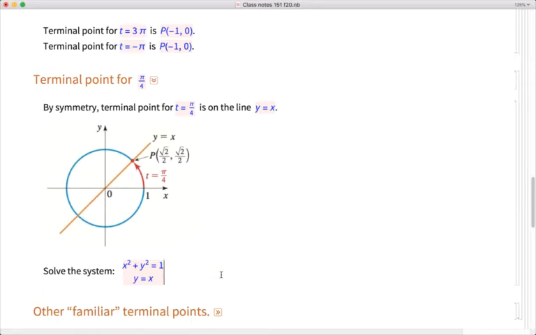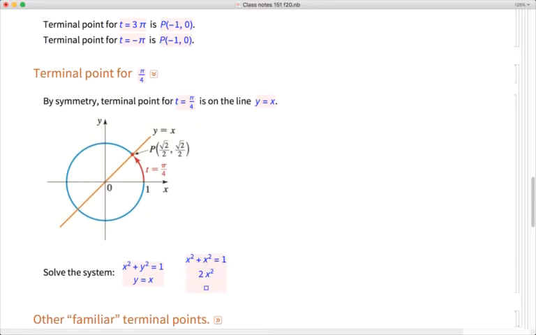So without further ado, in the first equation, we're going to replace the y with the x, because the second equation is saying that y and x are the same. So what does that tell us?